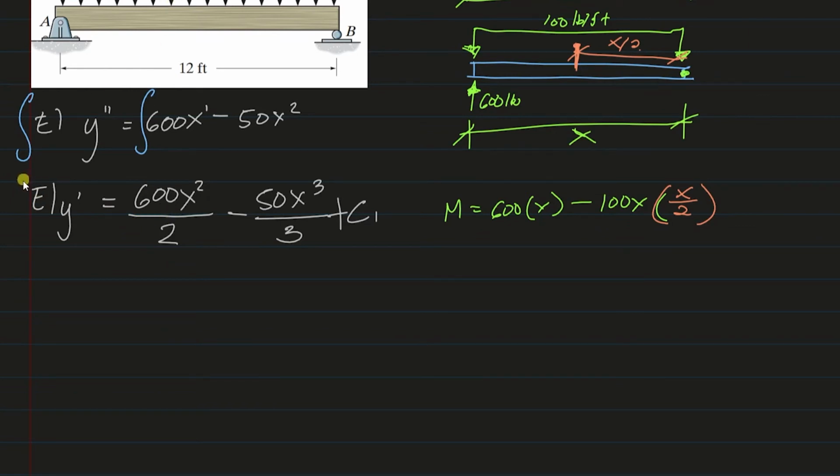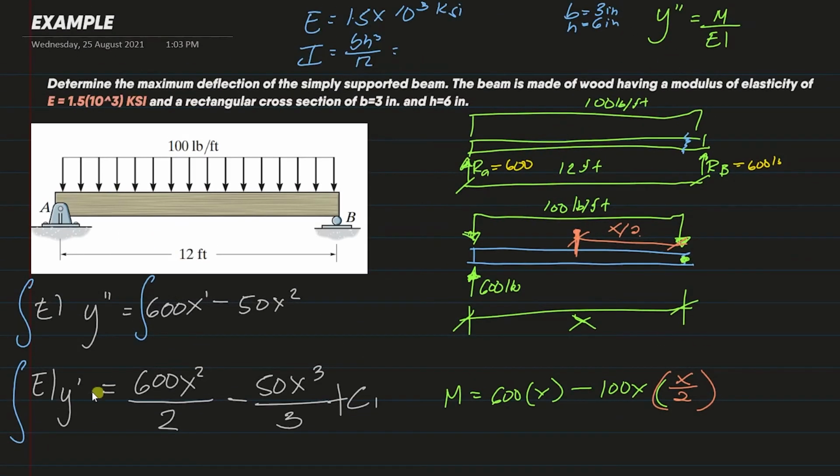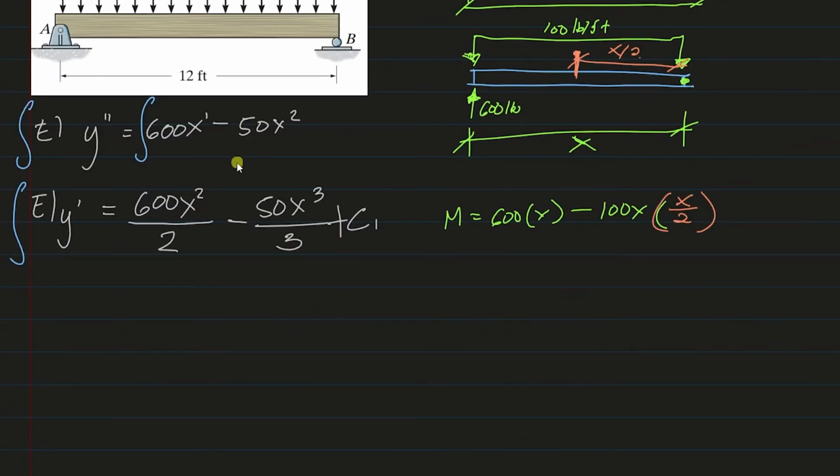Now, we need to integrate that again kasi nga deflection yung sinusolve natin, right? Y. So, y prime to, kailangan maging y yan. So, lagay tayo ng integral sign, no? And ito magiging EI y prime, magiging y na. And if we are going to continue integrating this, that will be 600x, 2 plus 1 is 3.